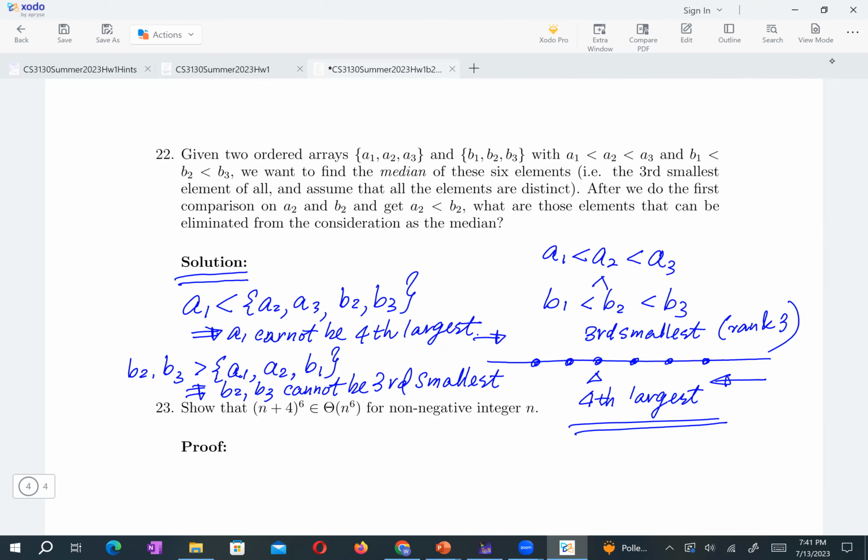So the answer: these 3 elements, A1, B2, B3, can be eliminated.